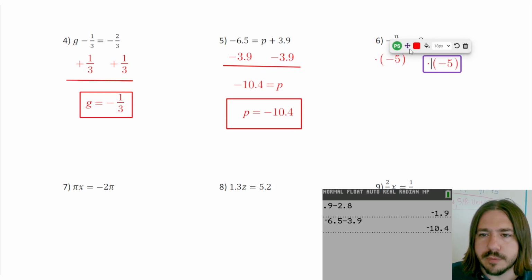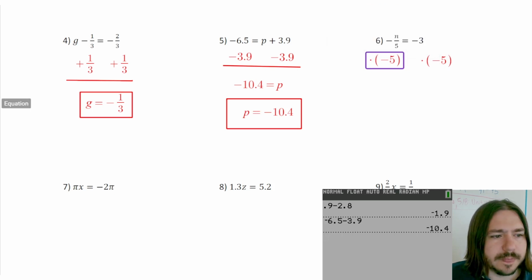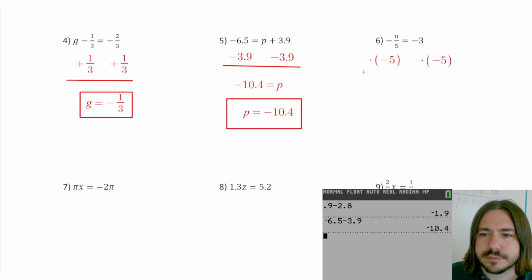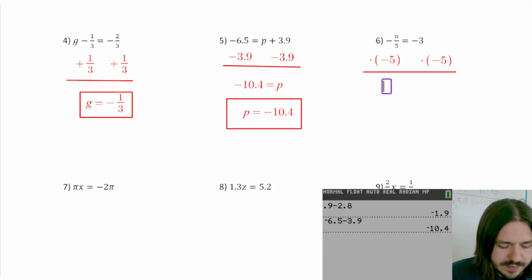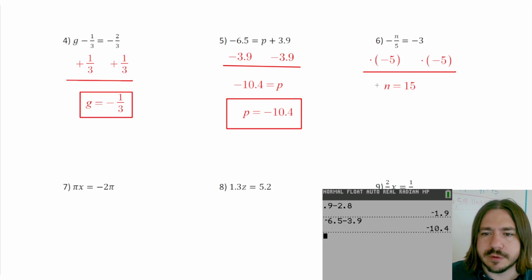So I'm going to show that on both sides. I'm trying to space this out for you. So negative 3 times negative 5 is going to be positive 15. And that's our answer for number 6.